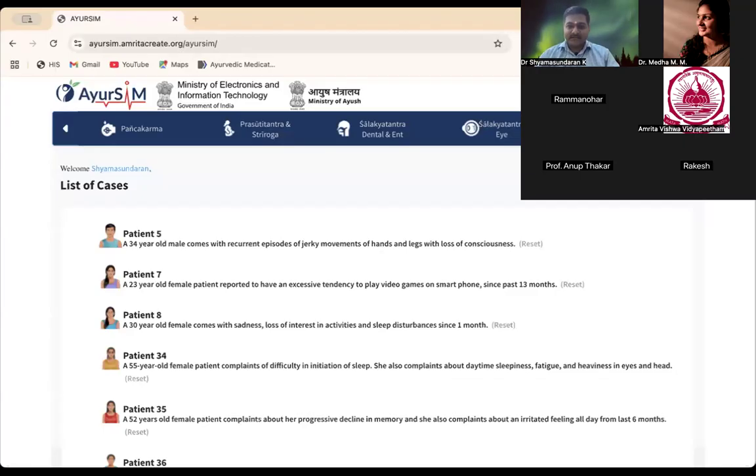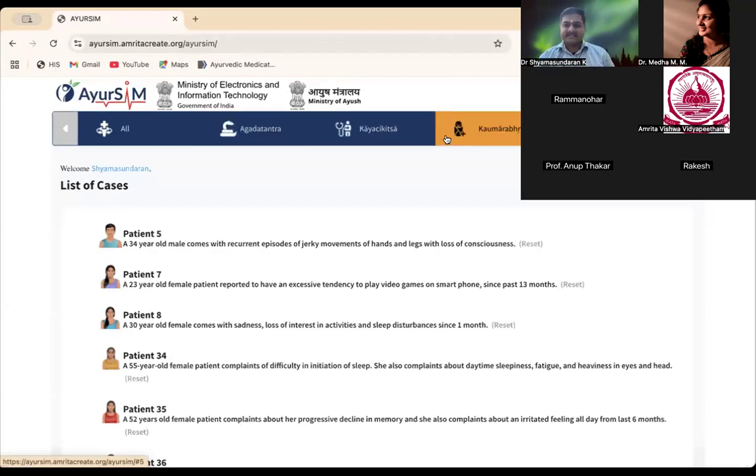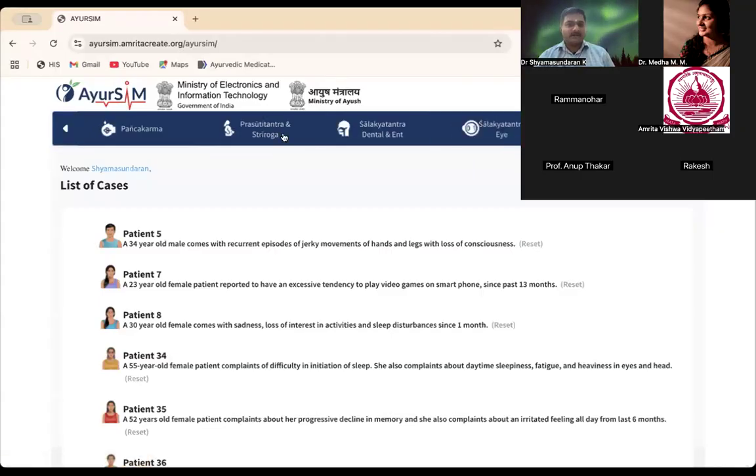They wanted the whole Ayurveda community to use this platform efficiently, and that is why we were told to represent all the 9 specialities: Agada Tantra, Kaya Chikitsa, Kaumara Bhritya, Manasa Roga, Panchakarma, Prasuti Tantra, Shalaki Tantra, dental and ENT, eye, and Shalya Tantra. So all of these are the 9 modules.